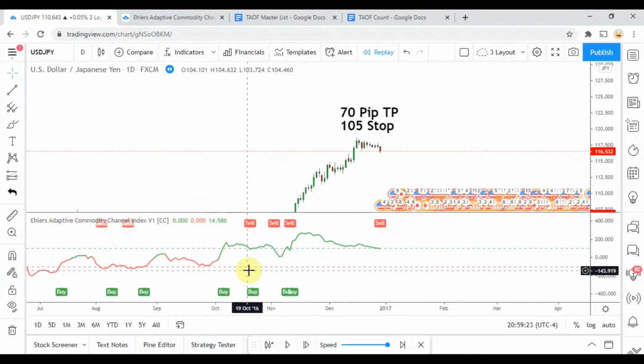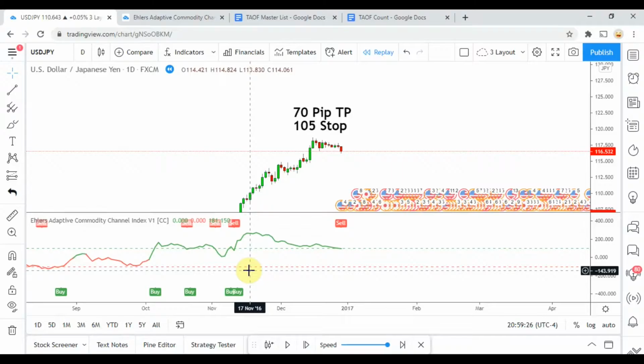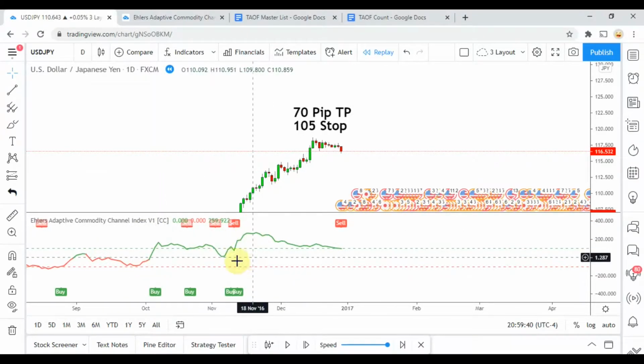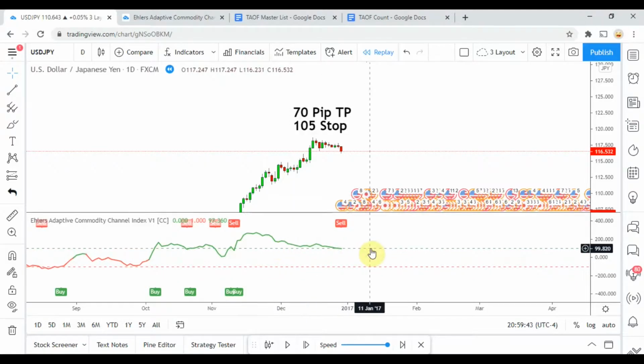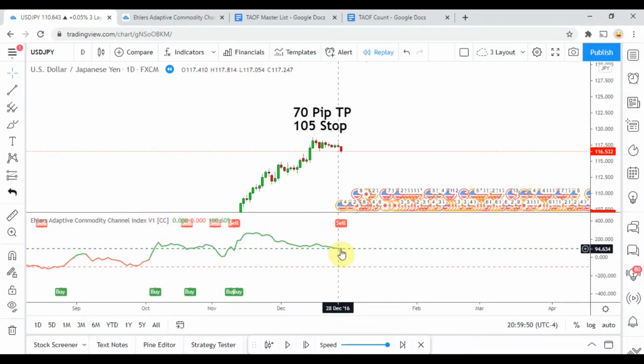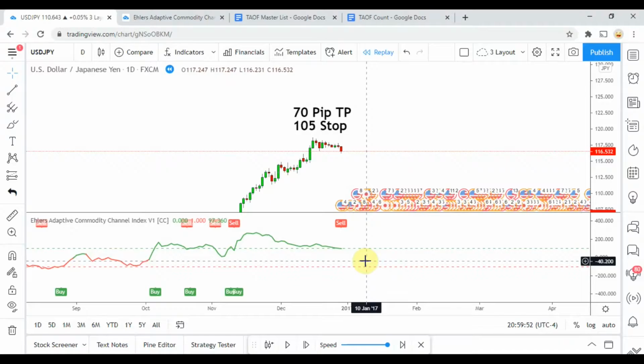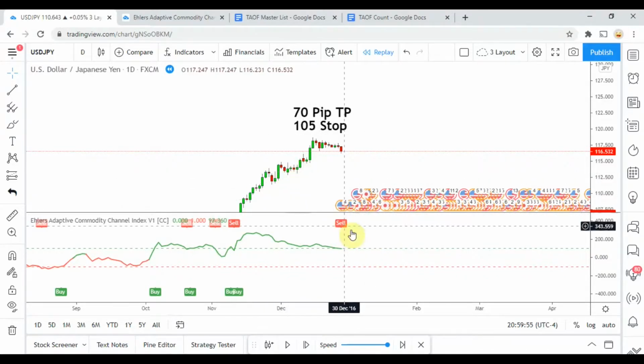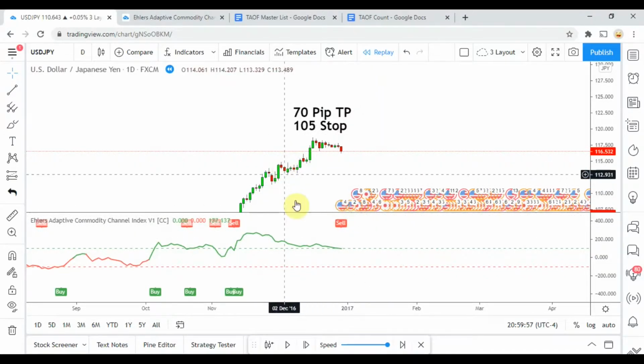And so the way we are going to trade it, or the way we're going to test it, there's actually more than one way that the creator of the indicator kind of said that this could be used. But the first way that we're going to use it is as the oscillating line gets up above the green line, the green dashed line here at the 100 mark, we are waiting for it to then come back down below that line, and that will be an entry short or to sell.